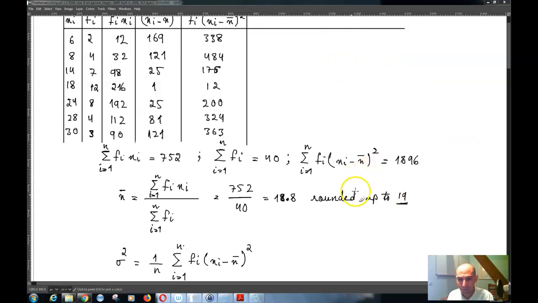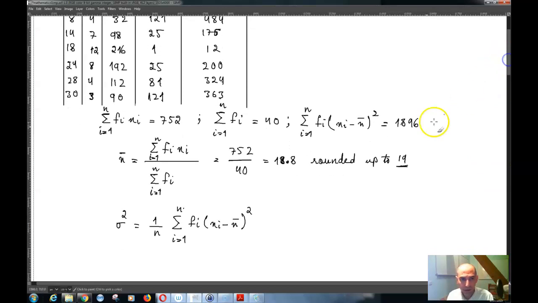Now your sigma squared, or the variance, is basically 1896 divided by n, which is equal to 40.